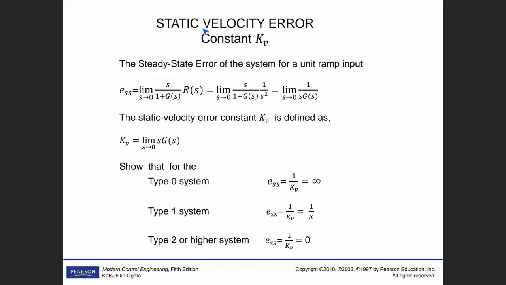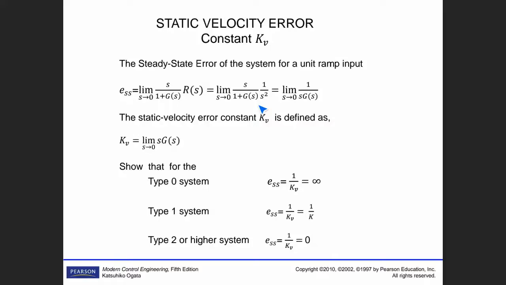For velocity error, they call it. In that case, it's a ramp input. If it is a ramp input, of course, 1 over s squared. When you multiply with 1 over s squared, then probably you might miss this one. So I'm going to help you to clarify that.